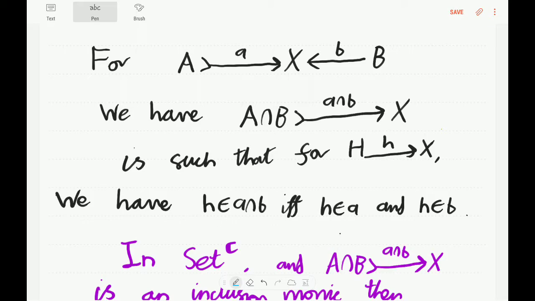So suppose we have a monic little a from capital A to X and little b from capital B to X, say in a general topos for a start.